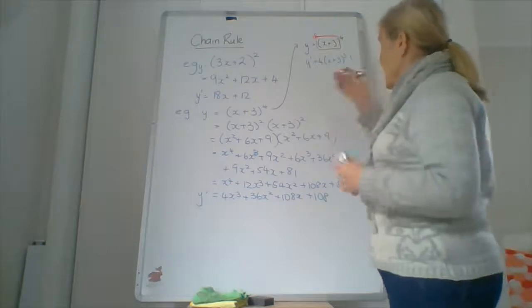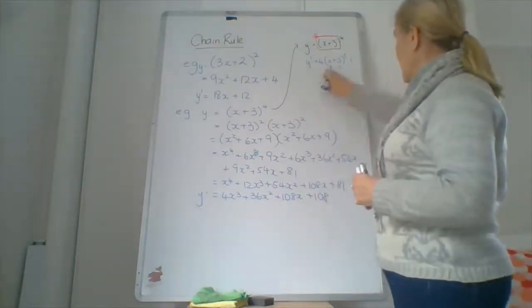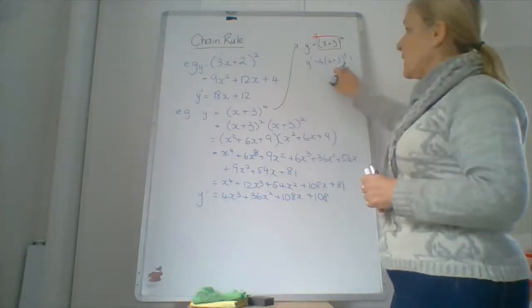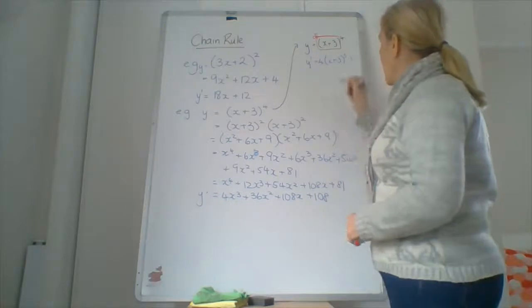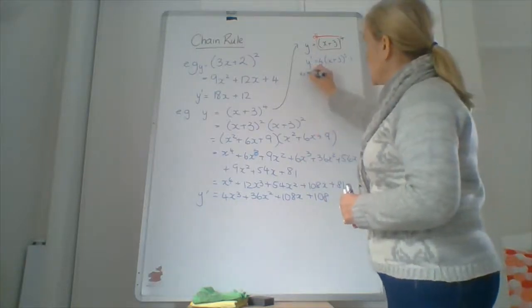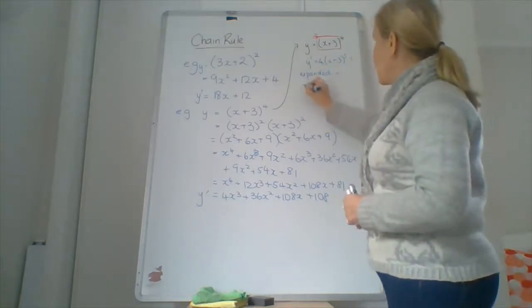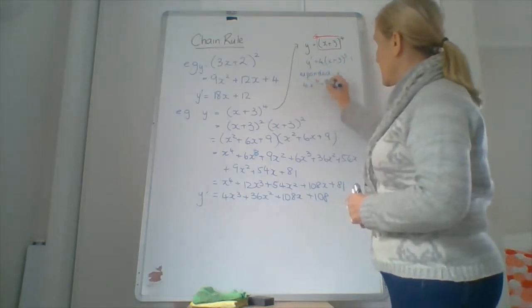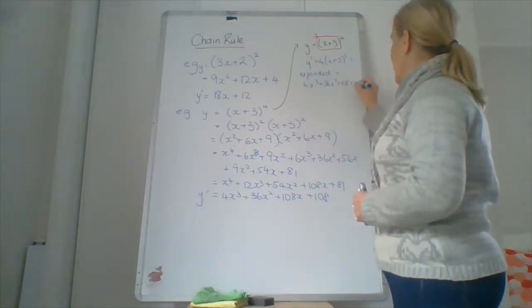Now, because it's 1, it doesn't change. So the answer to this is 4 times x plus 3 cubed times 1. And if we expanded that, we'd find that out. We're not going to do that, but you can if you wanted to. So expanded, this equals 4x cubed plus 36x squared plus 108x plus 108.